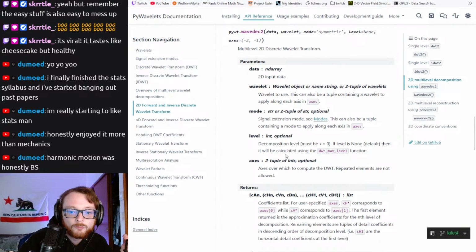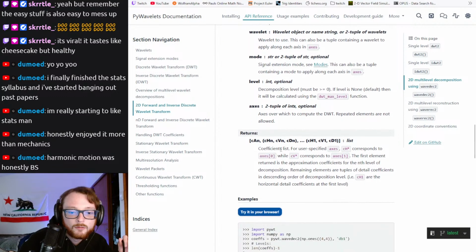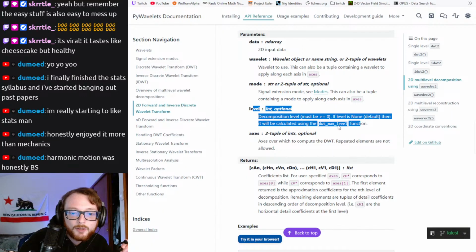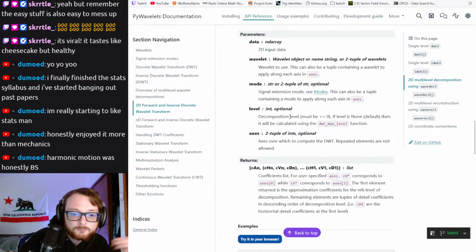Can level be a list? No. Wait, can it? So if you give it level 3, does it give you like 1, 2, and 3?